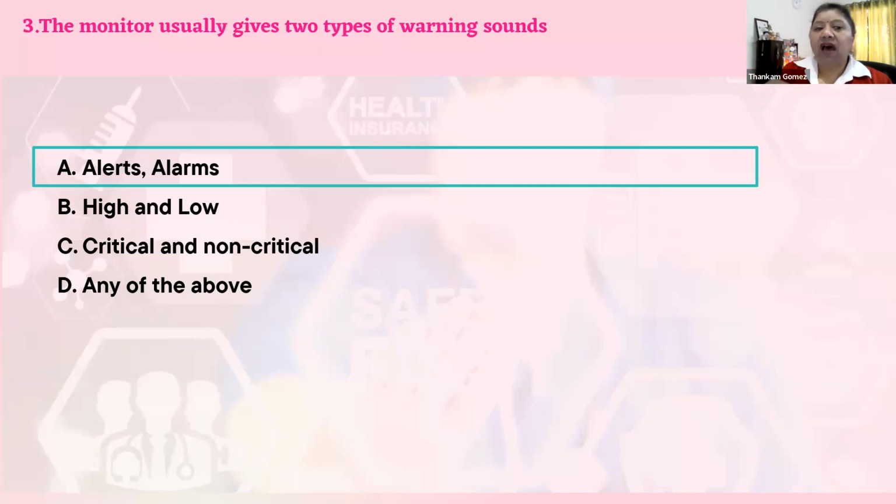Critical and non-critical alarms can come up. Each company, the monitor or the ventilator, will have different types of alerts and alarms built into it. It's very important for us to learn which alerts and alarms are there in our machine and get used to them.